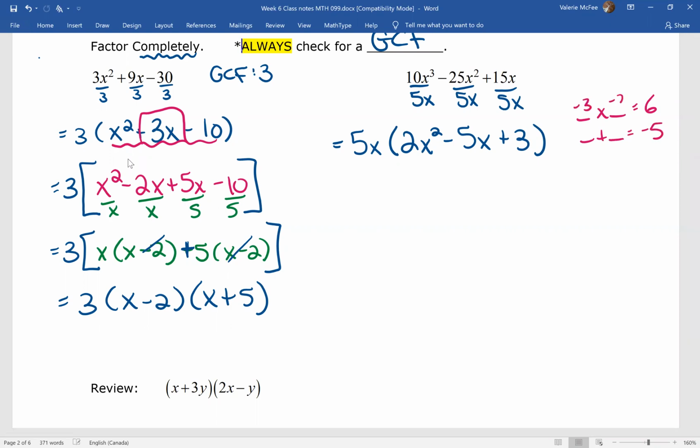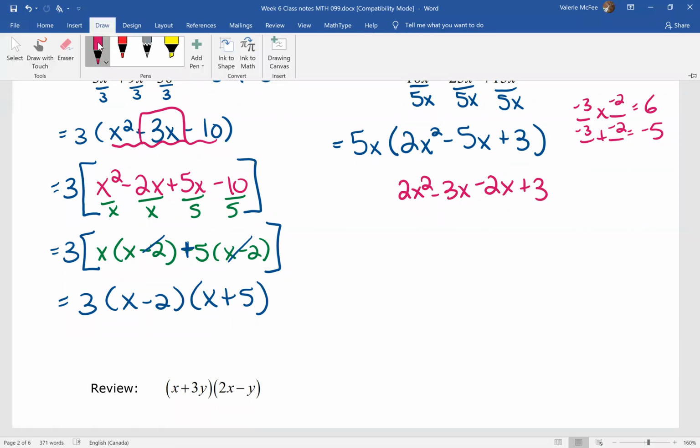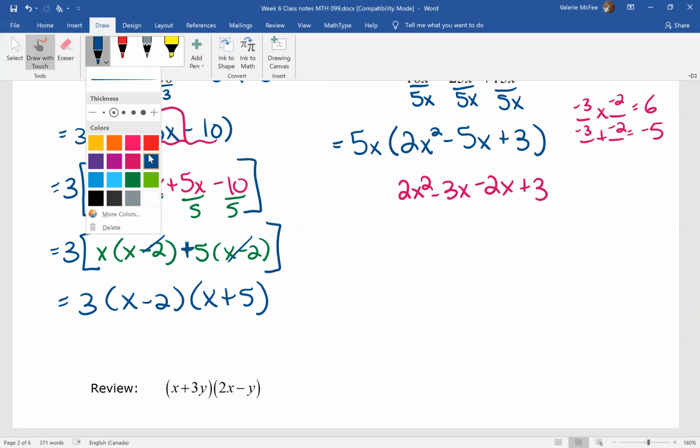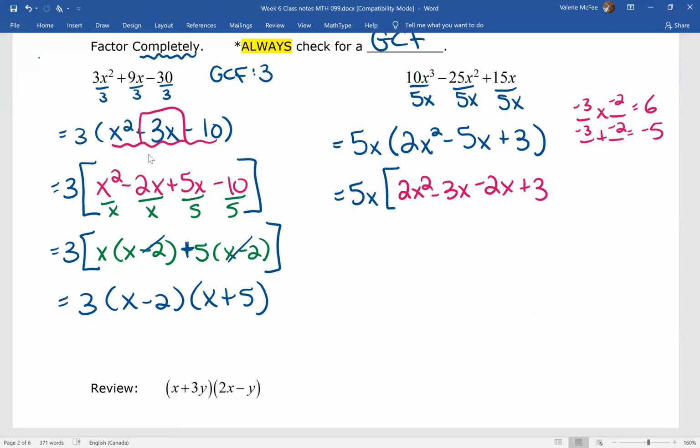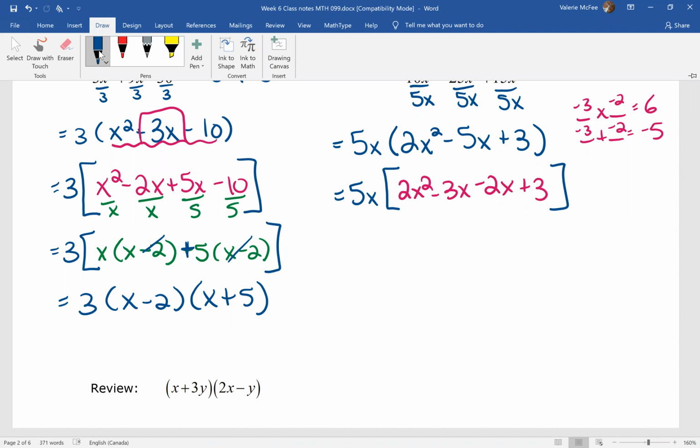We should know this one by now. So we have 2x squared minus 3x minus 2x plus 3. But we still have that factor of 5x, and we can't leave it behind. We want to factor by grouping inside the brackets.